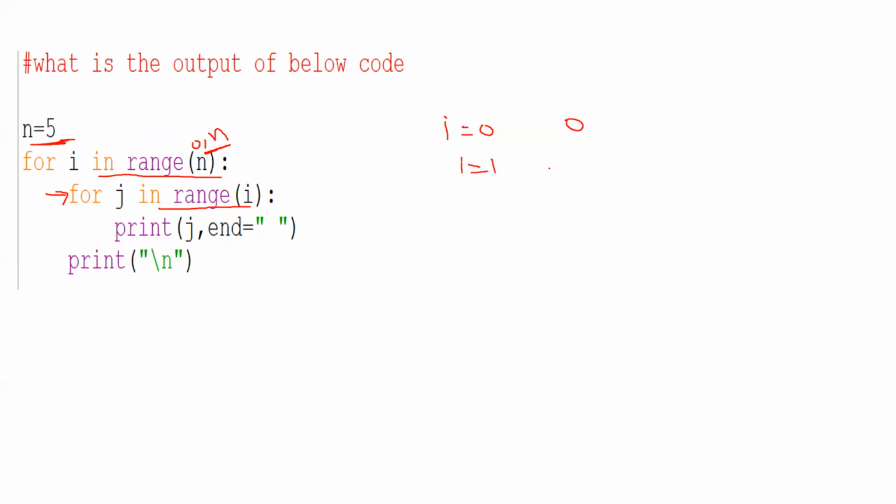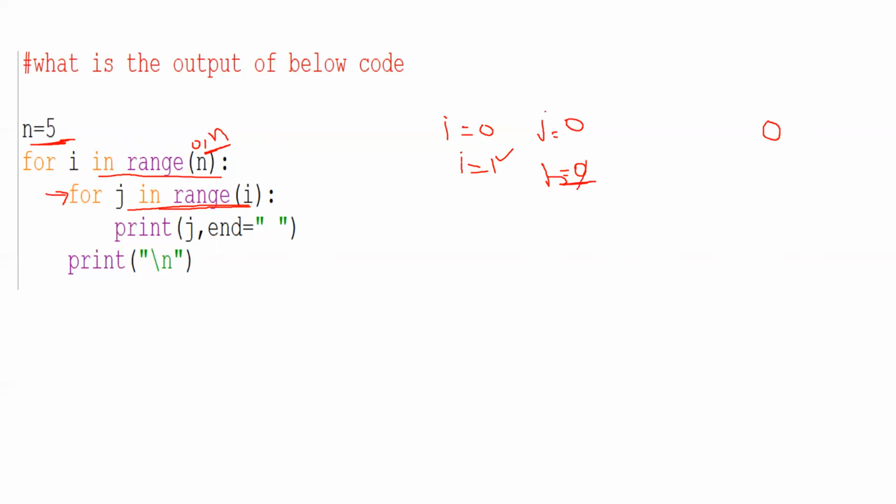Now in that case, j value will range from 0 only, because as you can say here, j in range of I means j will start from 0 and j will be up to less than I. Here currently I is 1, right? So you will get j equal to 0 only, which means you will get as 0.